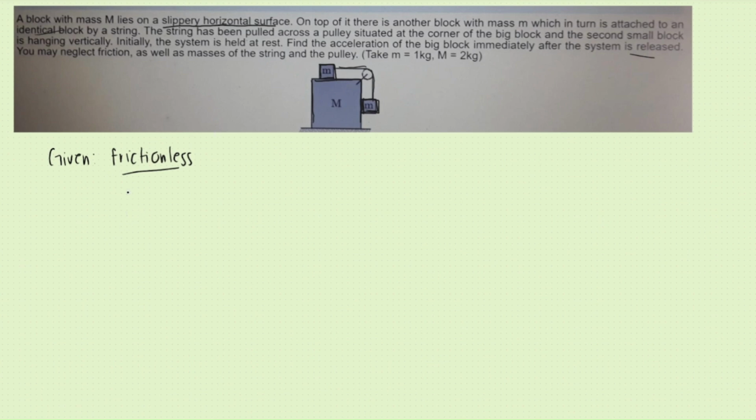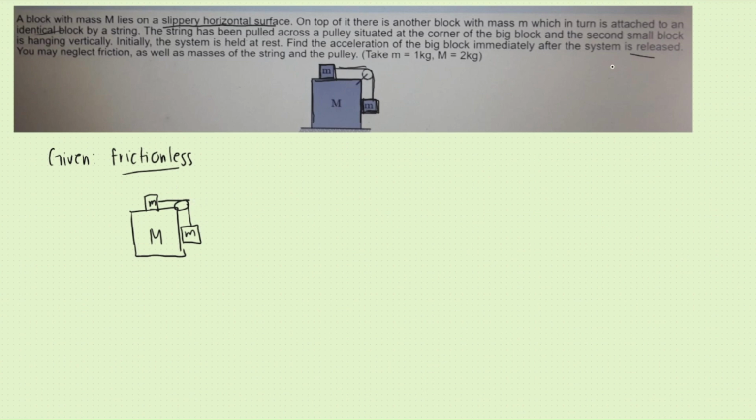The first thing we're going to do is to investigate their actions, their movement. This is the big block with capital M mass. This is the block with mass small m on top of it, and this one is the identical block with mass m hanging vertically. Let's investigate the motion.